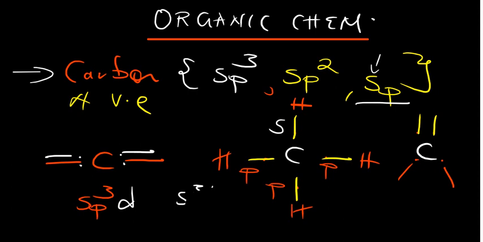But for now we're going to focus on these 3 because these are the only types of hybridization that carbon can undergo: sp3, sp, and sp2. Okay, are we together? Is that fair enough? Okay, I'm glad we've understood what we're talking about.